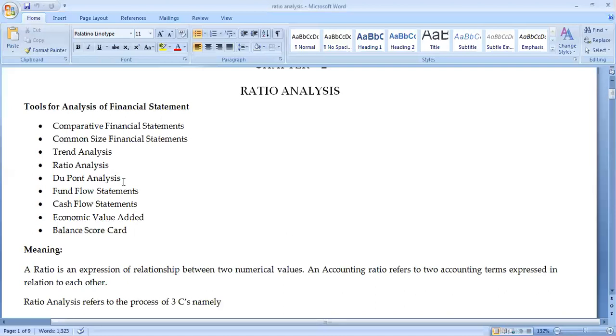This DuPont analysis is used to analyze the company's ability to increase its return on equity, to analyze how well the company is able to perform and increase its return on equity, through the analysis of the financial statement.